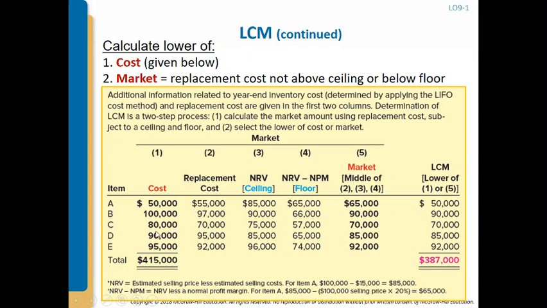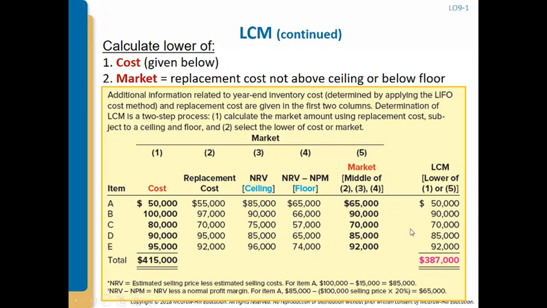For item C, cost is 80,000. Here, of your three numbers, your replacement cost is the one in the middle for 70,000. So that's the number you pick for your market. You compare that with cost. It's 70,000 compared to cost of 80,000.